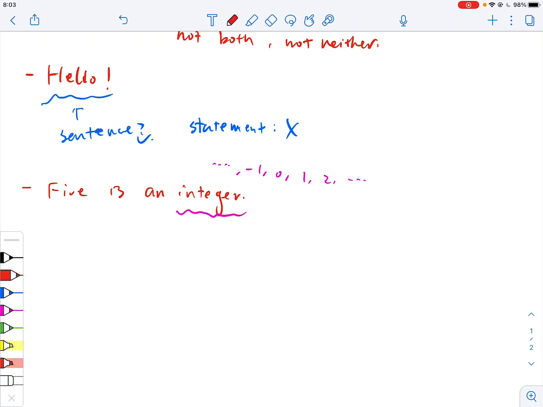So is 5 an integer? It is an integer because 5 does not have any decimal points. So it is a statement, in fact, because it is true. It is a true sentence. Therefore, it is a statement.